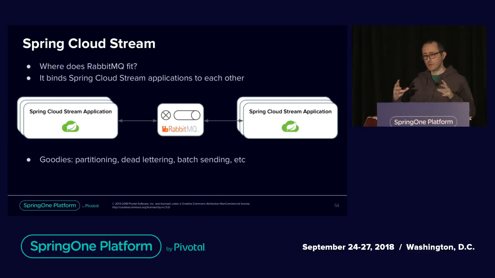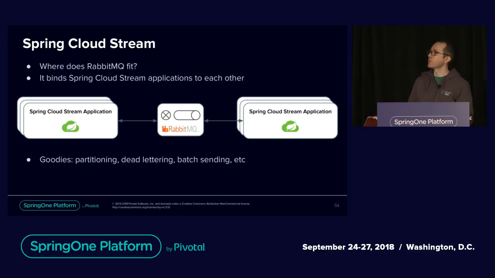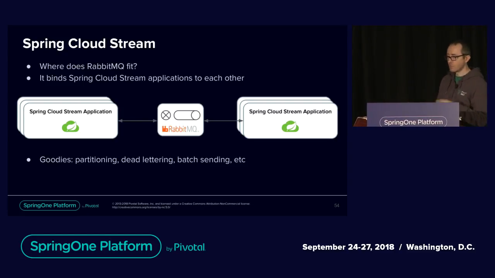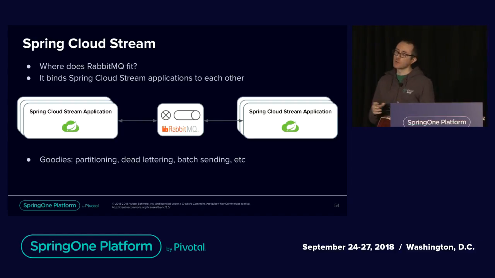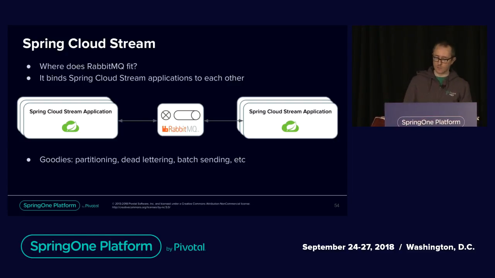RabbitMQ can handle the messaging part, making your Spring Cloud Stream applications communicate with each other. It's what we call the binder in Spring Cloud Stream vocabulary. There are many good features in the RabbitMQ support, for example partitioning. There's no native partitioning inside RabbitMQ, so here there's a software implementation that can help you scale your application easily. Quite nice features.